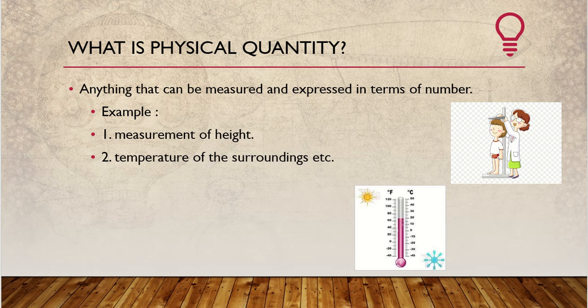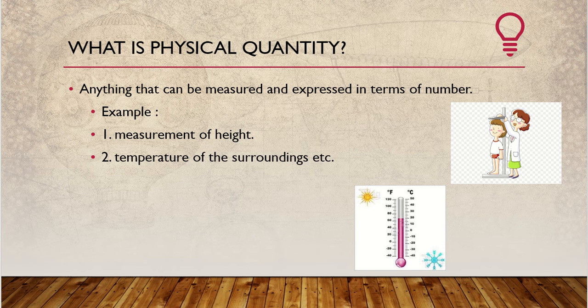For example, it is showing the temperature of the surrounding as 20 degrees Celsius. Hence, temperature is measured in a number, known as 20. Hence, the temperature is a physical quantity, which means that anything that can be measured and expressed in terms of a number is known as a physical quantity.